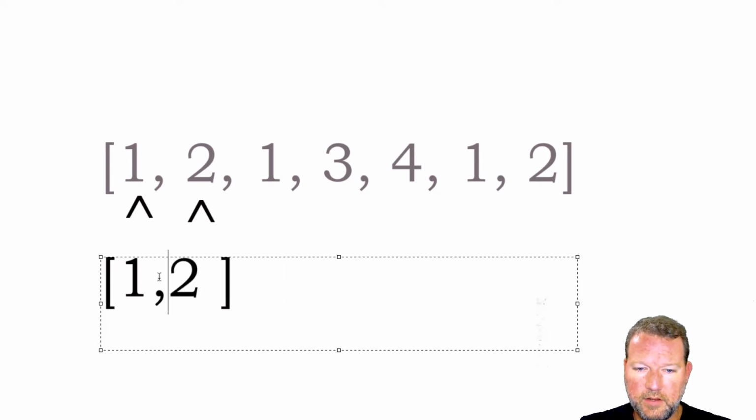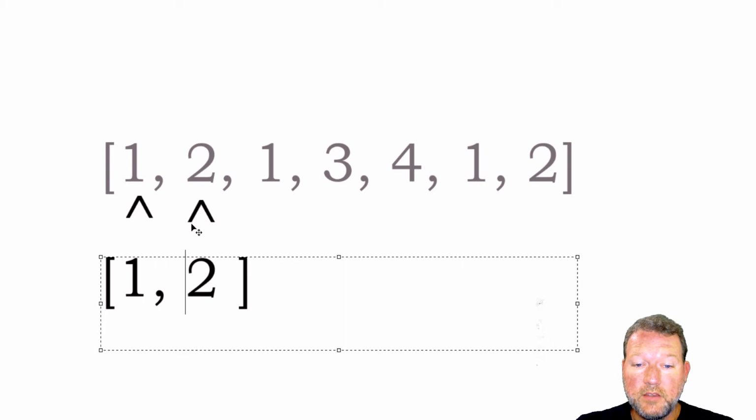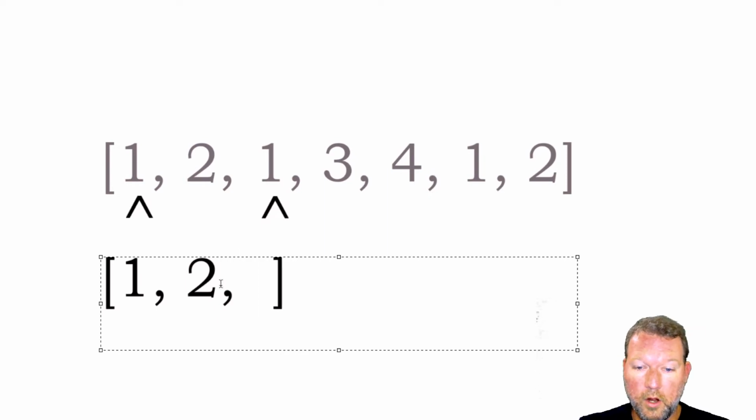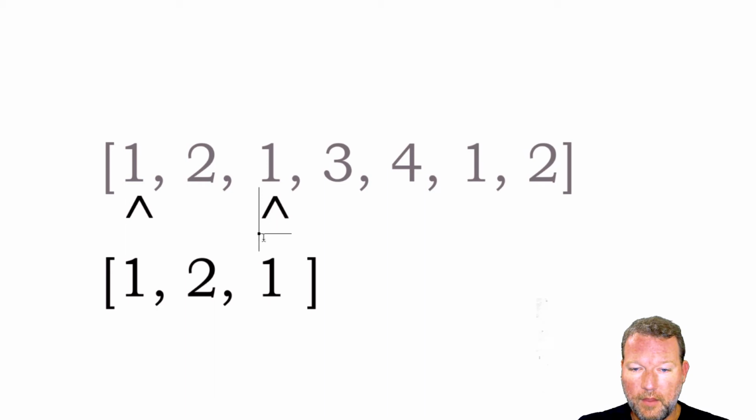Let's keep it the same size. That's, of course, still less. Then we're going to add another 1, so we're at 4 right now. This is going to be our start, and we're going to have to do a little bit of math right here.